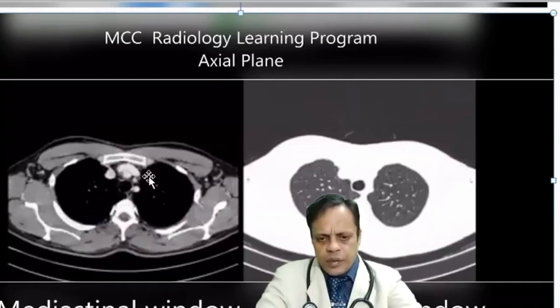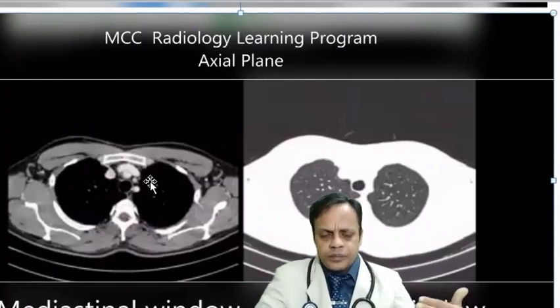If you see carefully, this is the left brachiocephalic vein. Right now you will not be able to appreciate it well, but I'm telling you, there are the left brachiocephalic vein and the right brachiocephalic vein. The left brachiocephalic vein is a little bit oblique.